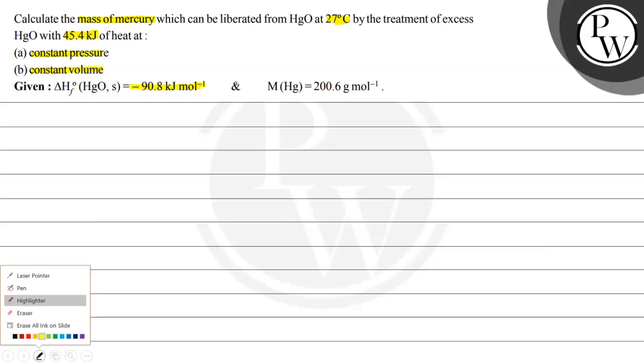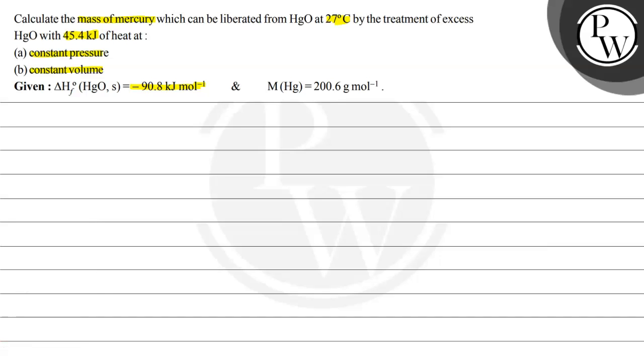So let us solve this question, and here the key concept is enthalpy of formation. यहाँ पर हमें enthalpy of formation की वैल्यू दी गई है for mercuric oxide in solid state.